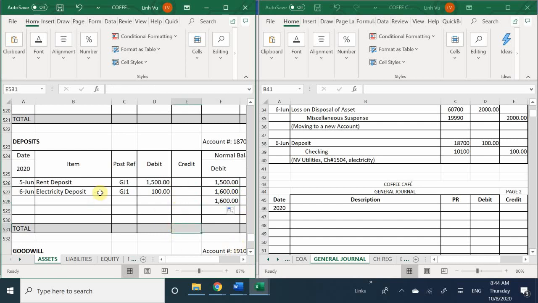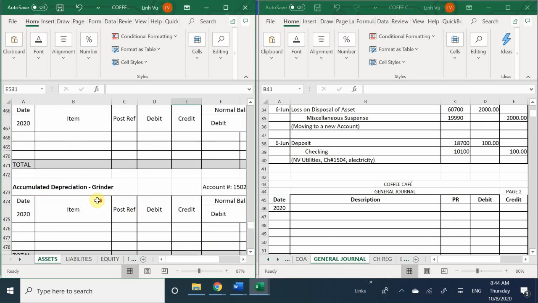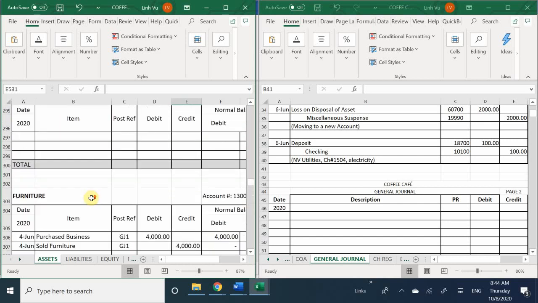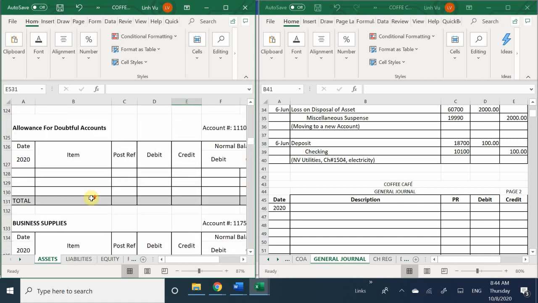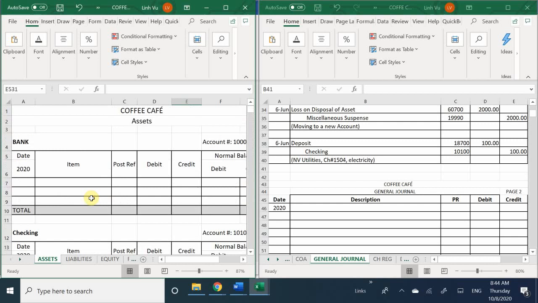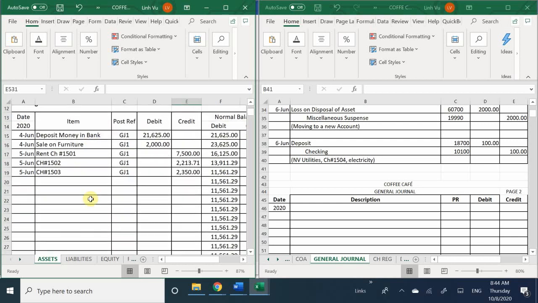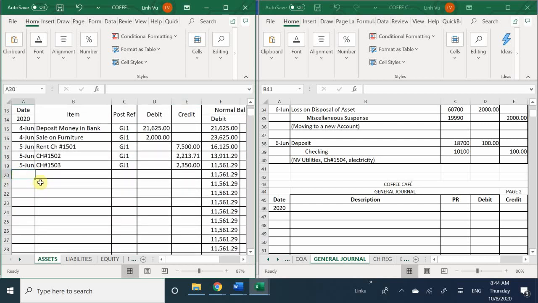And then I'm going to go ahead and scroll all the way up to our checking account, or also page 1. And I'm going to go ahead and indicate that I made a payment of $100 on June 6th. So check number 1504.